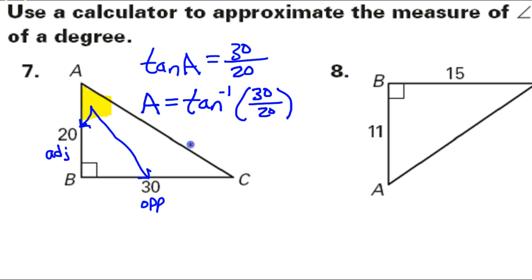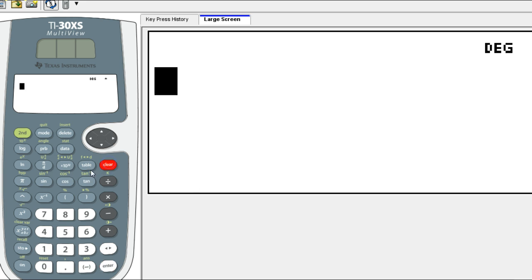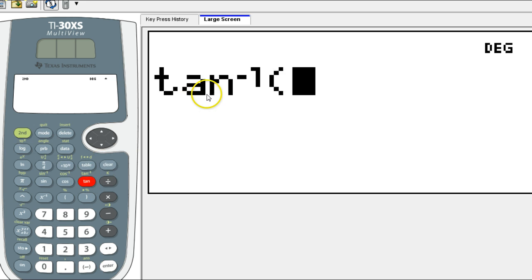This can simply be put in the calculator. To do that we'll hit second tangent, and you see that's inverse tangent.